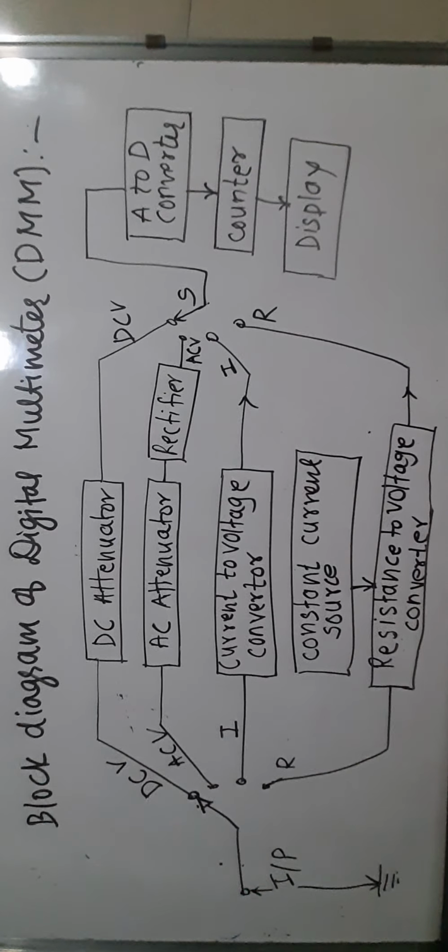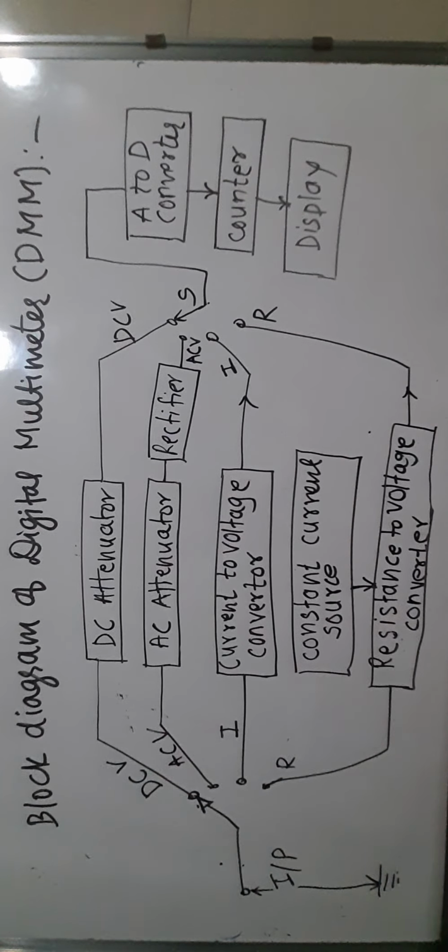Next is it eliminates reverse polarity error. Digital multimeter shows polarity, whether the voltage is positive or negative. Then it has automatic range selection. Range can be automatically selected. Then it has overrange indication.